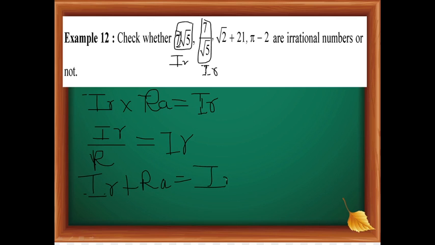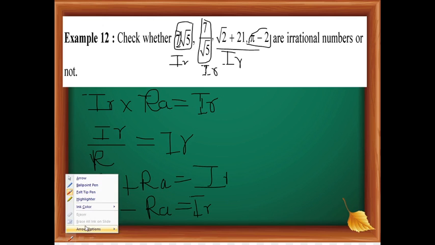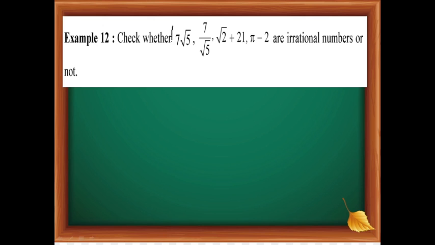Then here this is also an irrational number. Then pi minus 2. Whenever we subtract a rational number and an irrational number, our answer is again an irrational number. Pi is an irrational number, so all the given numbers are irrational. These four are irrational numbers. I have said the reason also.